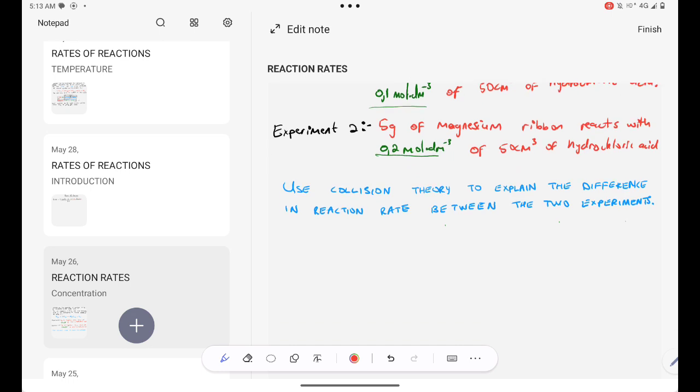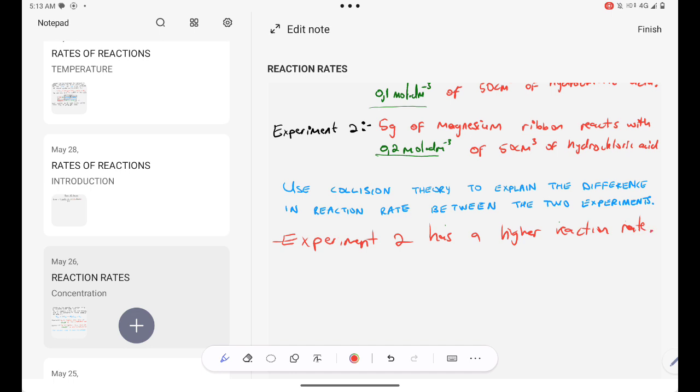So in this case, I can simply predict according to collision theory that experiment 2 has a higher reaction rate.